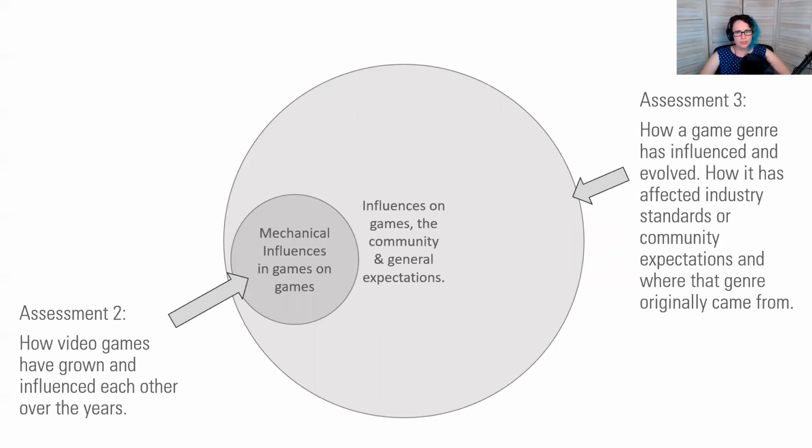Okay, so for a visual representation as to how Assessment 2 and Assessment 3 differ, Assessment 2 is about video games and how they've grown and influenced each other, right? It's the mechanical influences in games on games. In Assessment 3, we're looking at how the game genre has influenced and evolved and how it's affected the industry standards or the community expectations, and how that genre went from one point to another point throughout history.